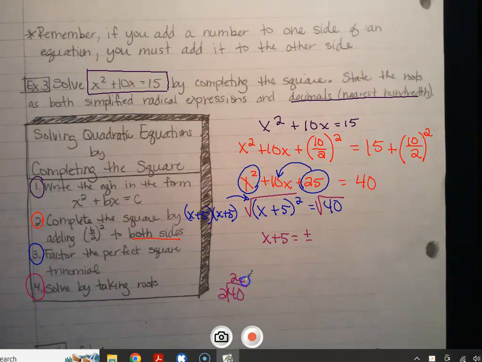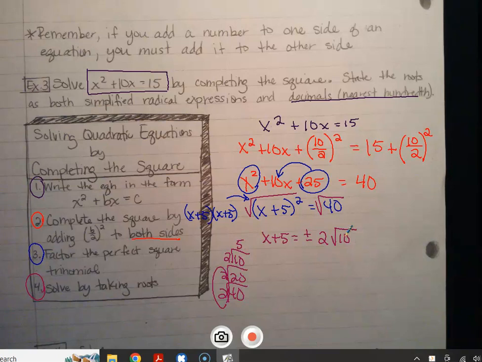Divided by 2 is 10. Divided by 2 is 5. So there's a set of 2 and then a 2 and a 5. There's a set of 2 we can bring out, and then the 2 and the 5 have to stay under. So what is 2 times 5? 10. 2 times the square root of 10.